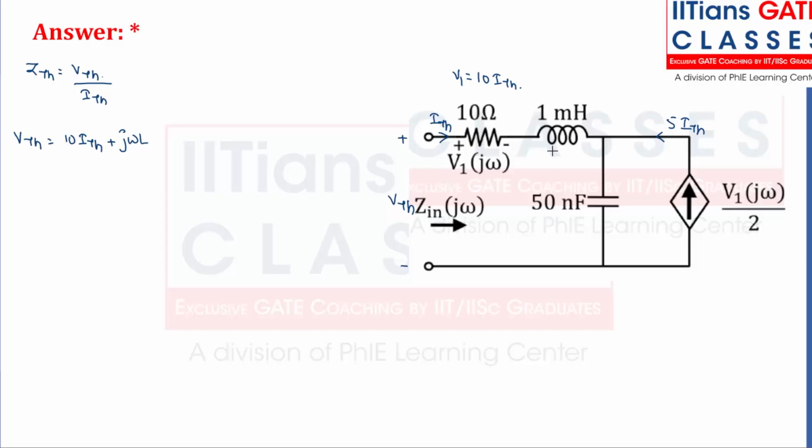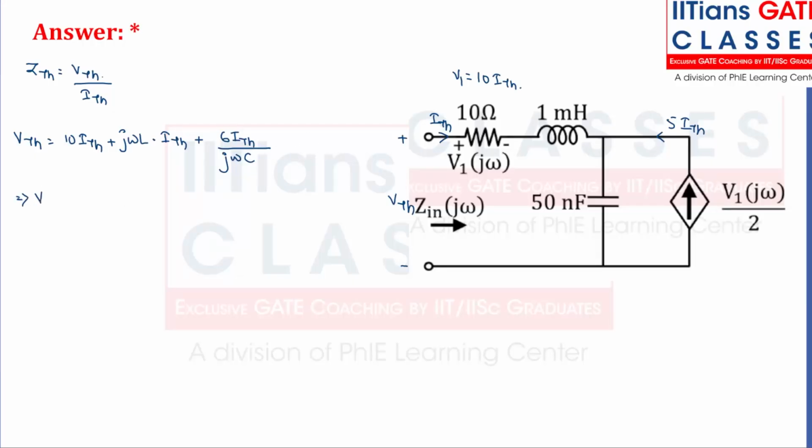It eases our solving time. You can see 5 ITH from here, plus ITH, so 6 ITH by j omega C.